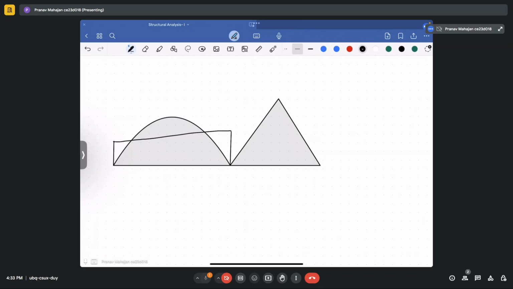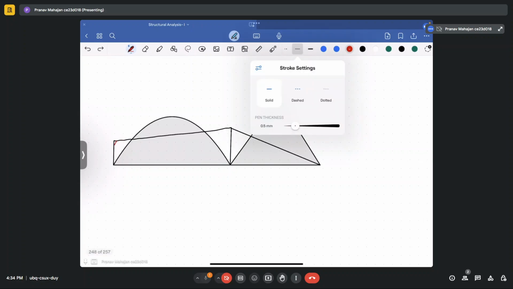So if we join both of these points, the area which is coming in the shaded region will give you the bending moment diagram.